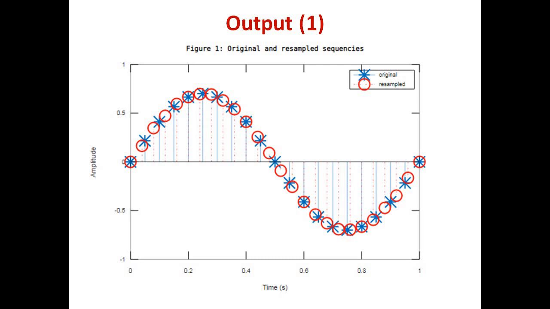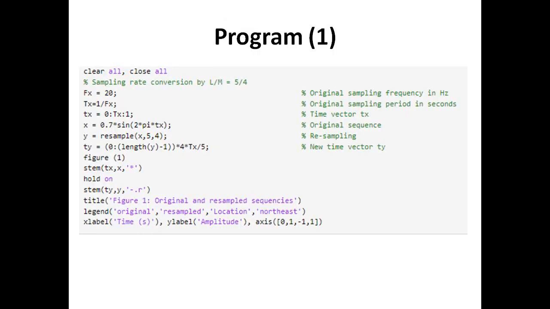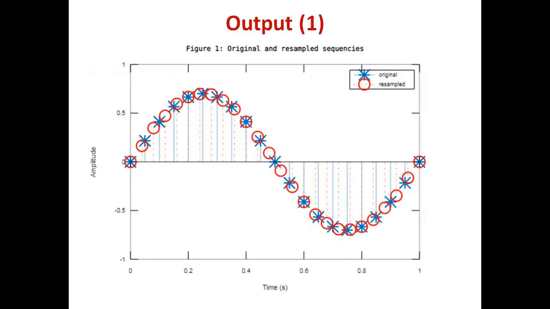This is a sinusoidal waveform, discretized at different intervals by the sample time tx, and we sampled this signal for the given x of n as 0.7 sine 2 pi tx. For that the signal is plotted.